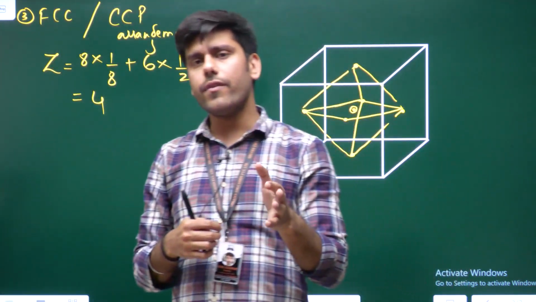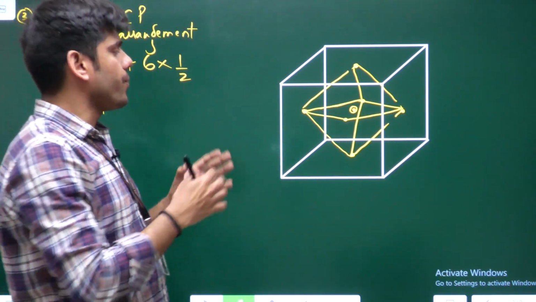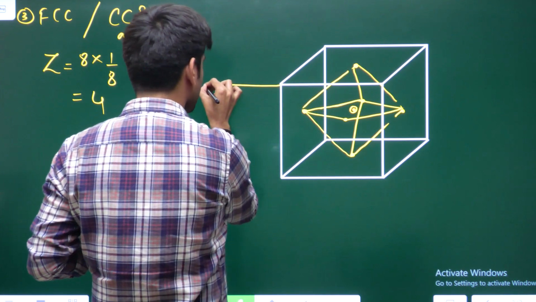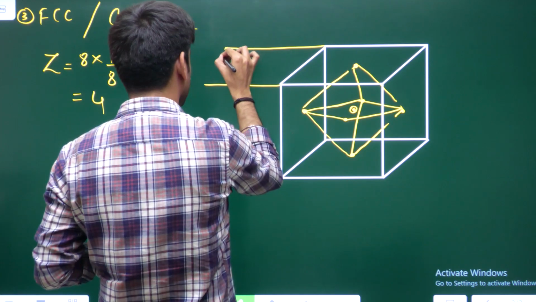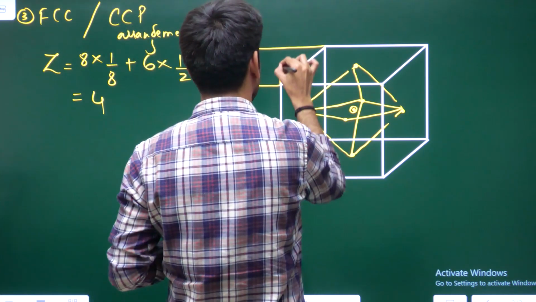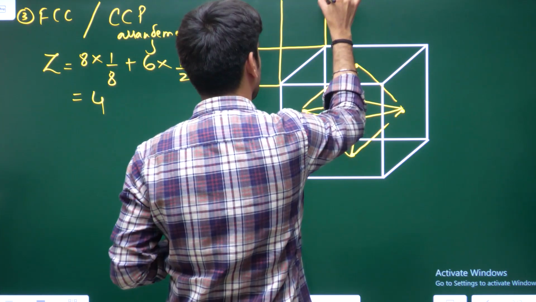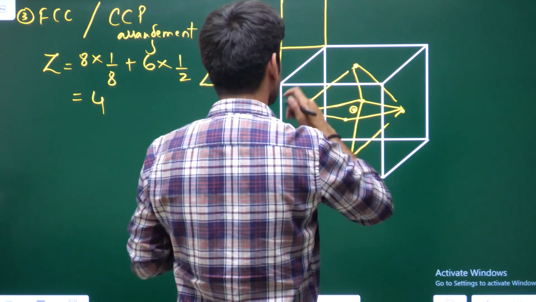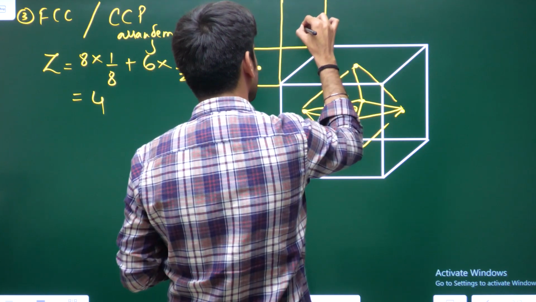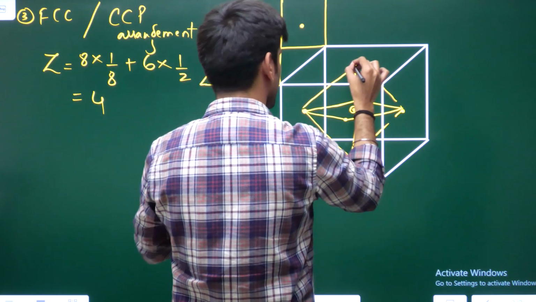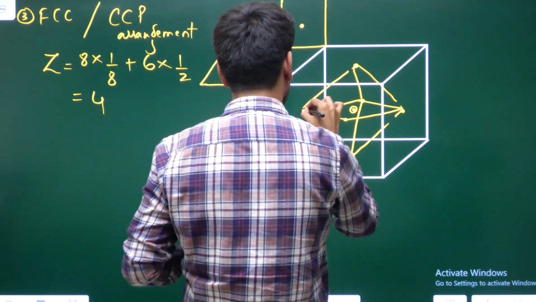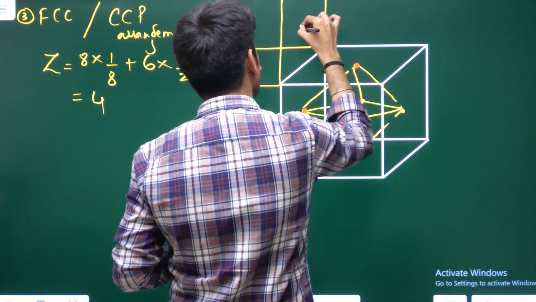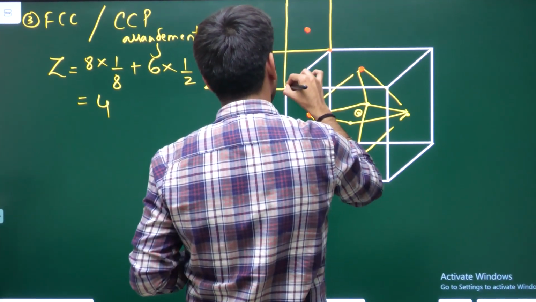Now let us see, can we have another type of octahedral void? If I see this cube, I just extend it. Now I am choosing 2 face centers of this particular cube, 2 face centers of the adjacent cube, and these 2 corner atoms.